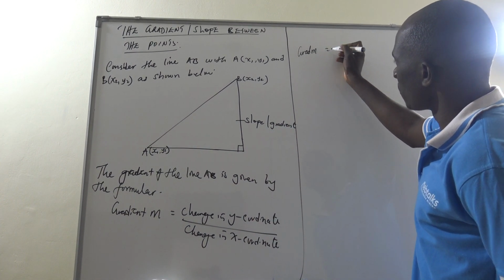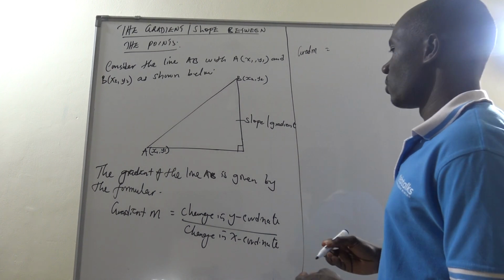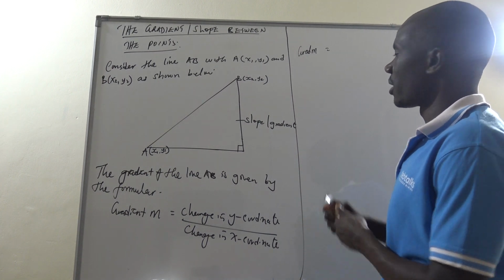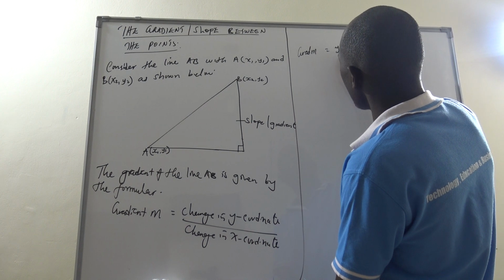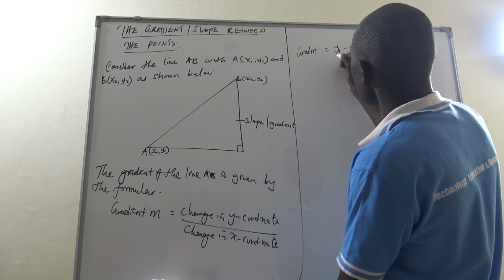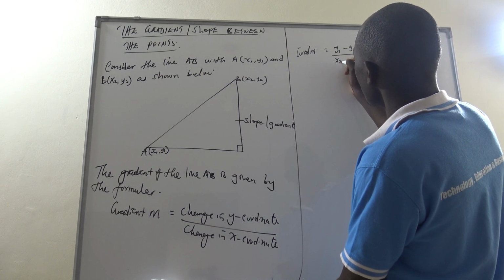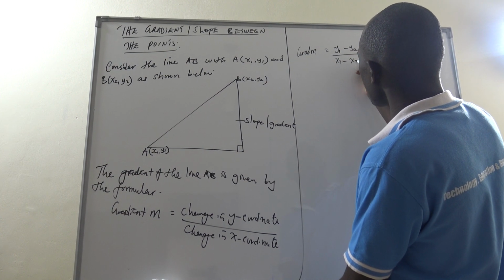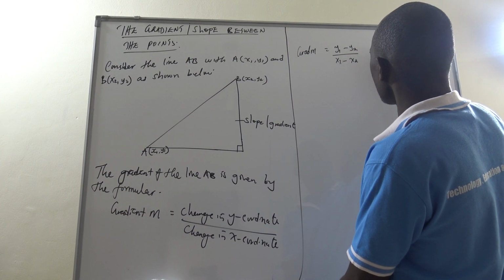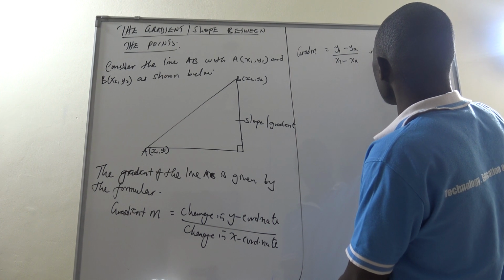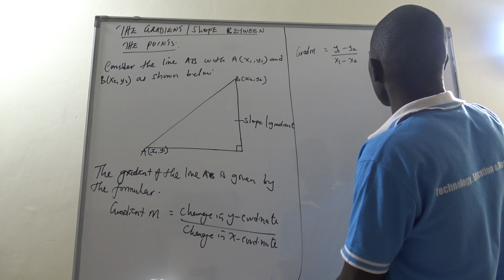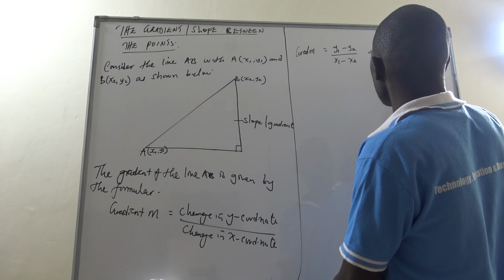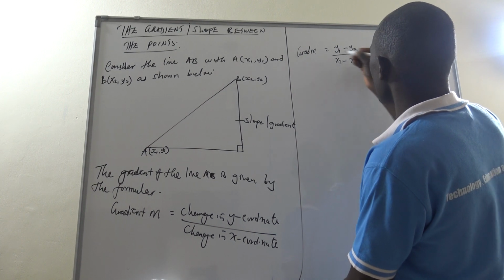Gradient M equals, when you change in y, you can either say y1 minus y2 all over x1 minus x2, or M equals y2 minus y1 all over x2 minus x1.